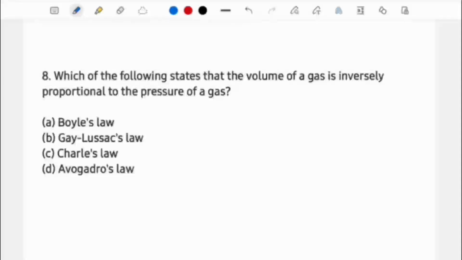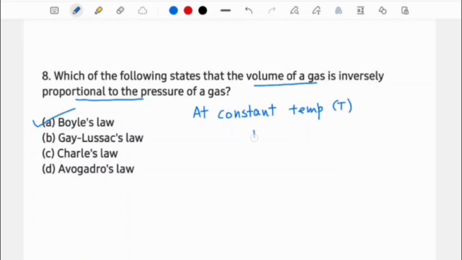Question is, which of the following states that volume of a gas is inversely proportional to the pressure of a gas? And the correct option is option A, that is Boyle's law. Which states that at constant temperature, alright, pressure and volume of a gas, they hold an inverse relationship with each other.